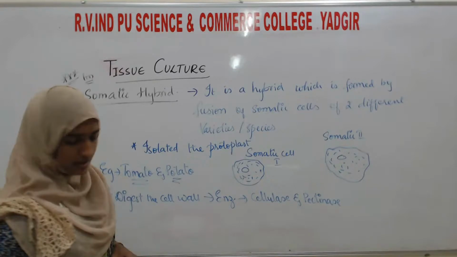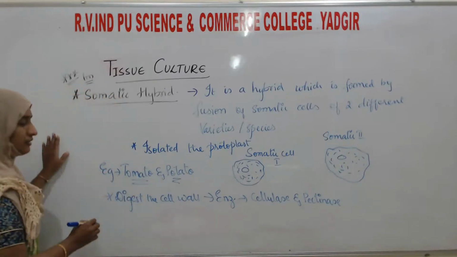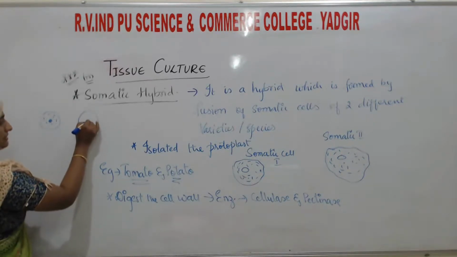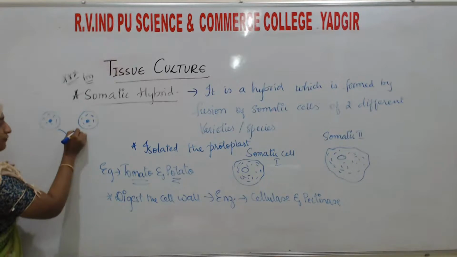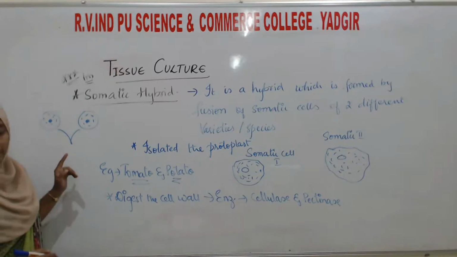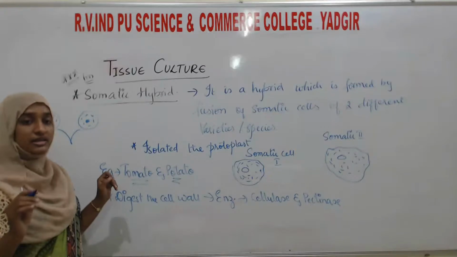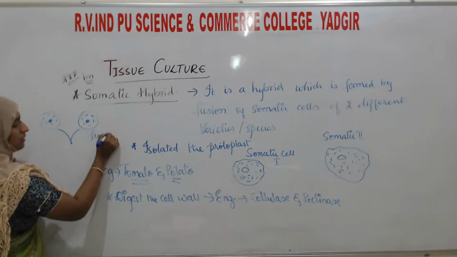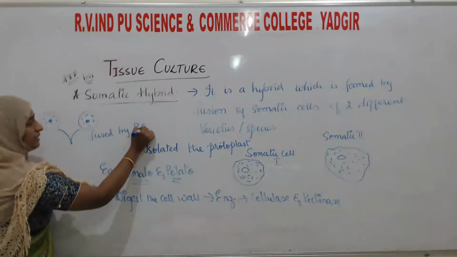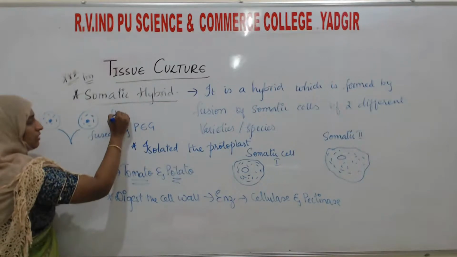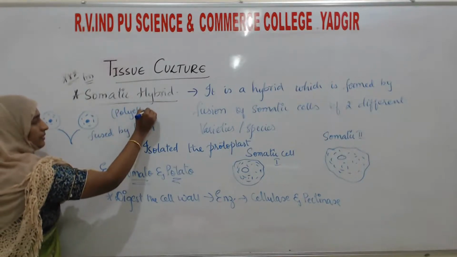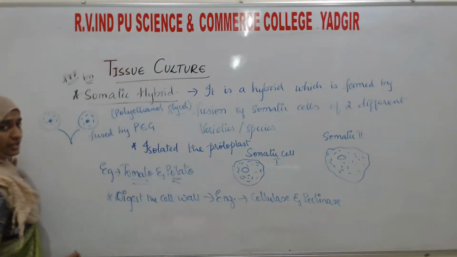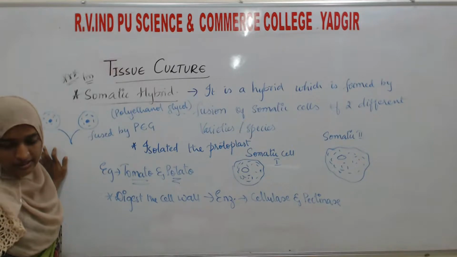Now next, here you can see one cell without a cell wall, and this is another cell without a cell wall. They are fused by using a substance known as polyethylene glycol, PEG.